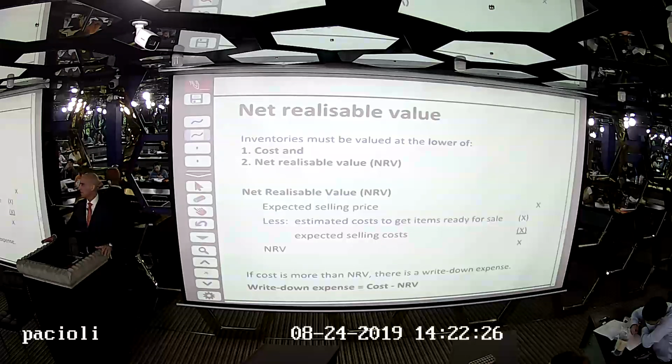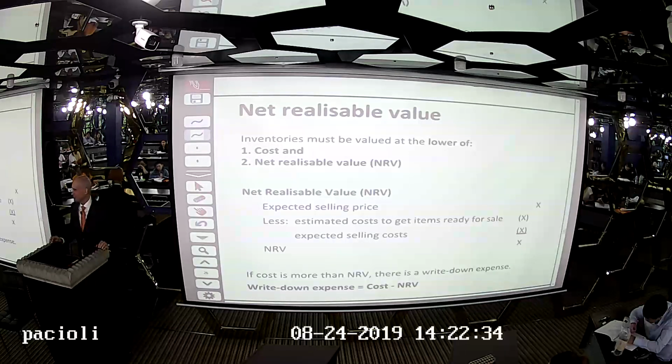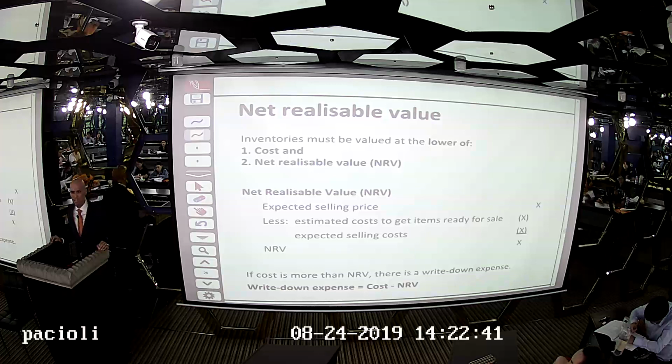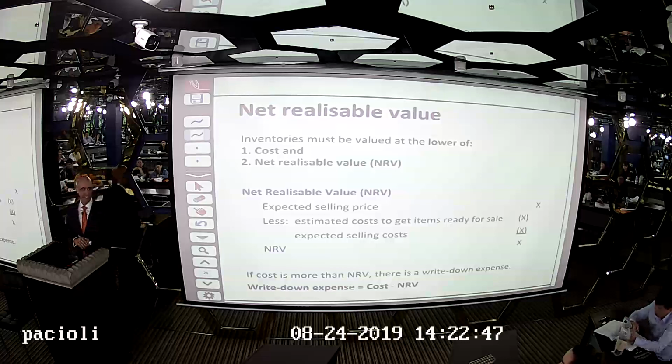Now, sometimes the value of your inventory can go down. How about inventory of gold right now? What's happening to inventory of gold? Do you think the price is going up or down? Gold right now is going up because of the threat of economic recession.